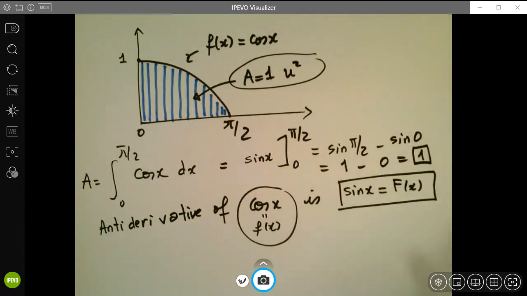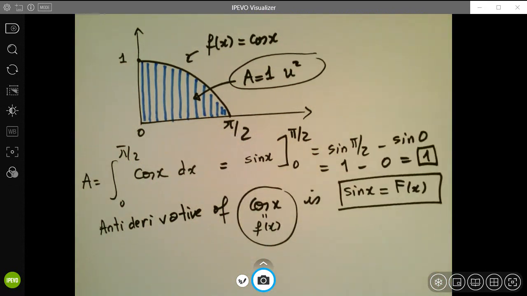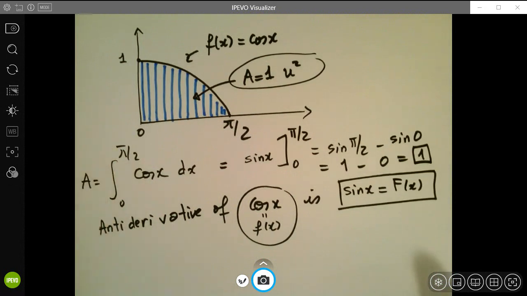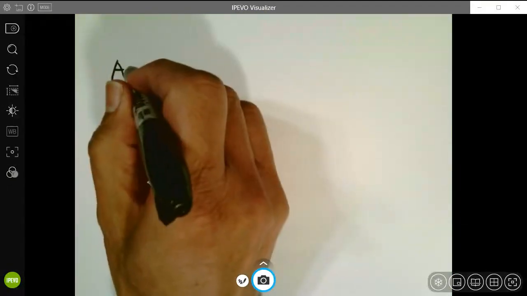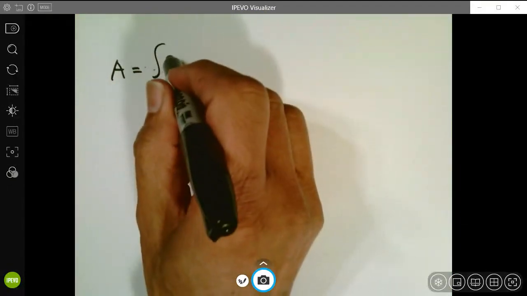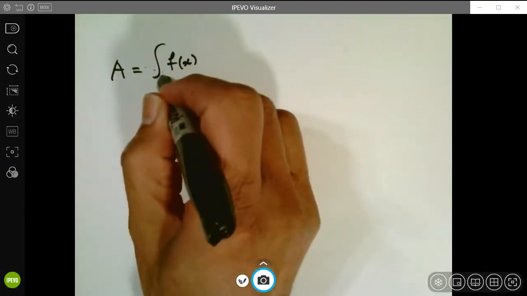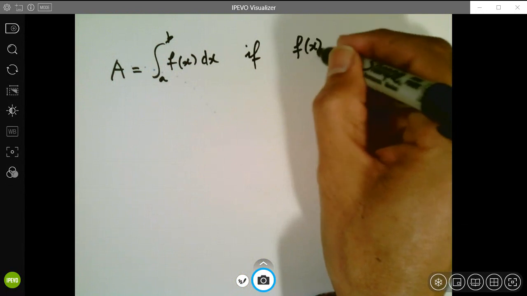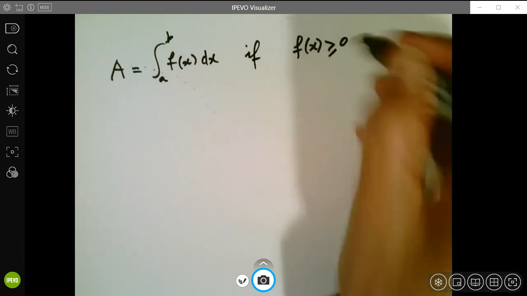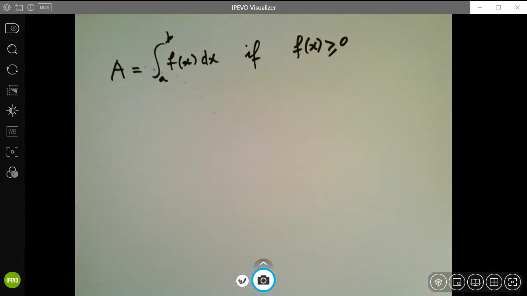But here you have to be careful. The integral is not always the surface area under the curve. We must assume some conditions. The area under the curve is the integral from a to b of f, provided f is non-negative.